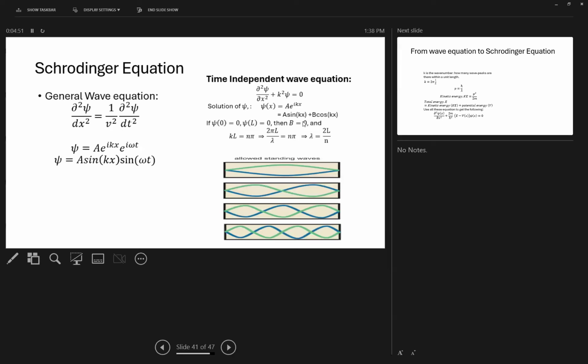Because if I take the second derivative of x to the power n, d squared of x^n divided by dx squared, it will be n multiplied by n minus 1, x to the power n minus 2. This is how it should look. So it's clear that the psi cannot take the form of x to the power n.